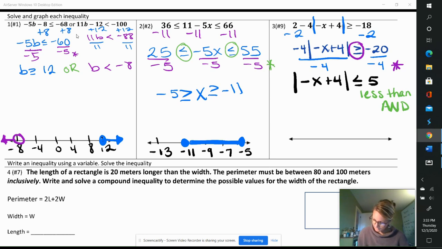So we set up the right side. Follow the direction of the inequality symbol, which is just the same as flipping the inequality symbol, and make that left value negative.